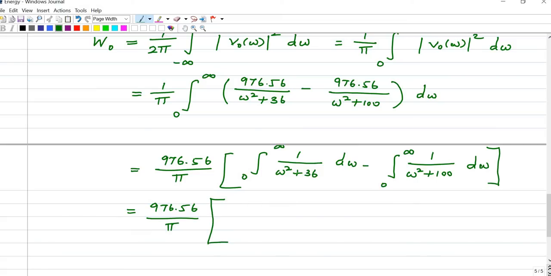This is in the standard tan inverse formula. So 1 over 6 tan inverse omega over 6, integral limit from 0 to infinity, minus 1 over 10 tan inverse omega over 10, 0 to infinity.